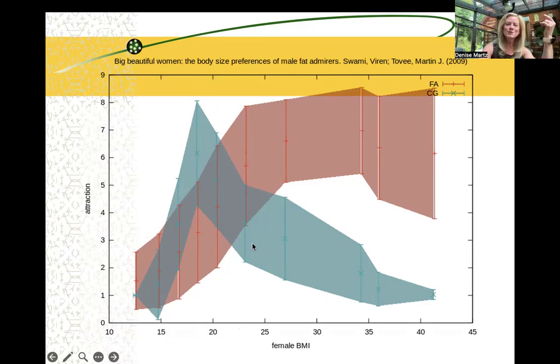The fat admirers, on the other hand, you see right here, they really start finding women attractive when their BMI is over 30. And in some cases, they really find women to be attractive when their body mass index is over 40. So back to that idea of, can we find cultural acceptance? There are people out there who really are attracted to larger bodies.